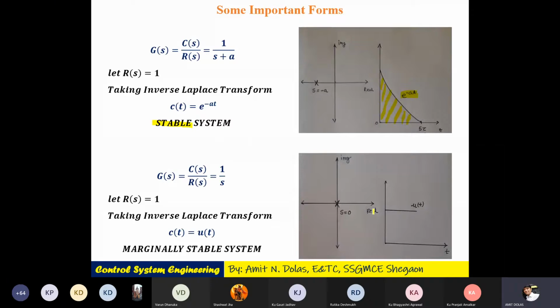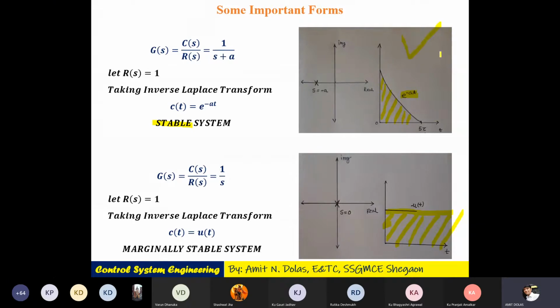But coming to the second signal, the output is bounded, but if you want to integrate this, it is not absolutely integrable. If you find the area, the area will be infinity. So here I have two examples in front of me.